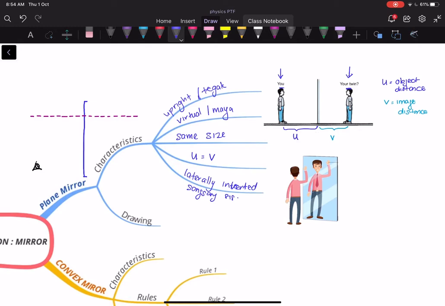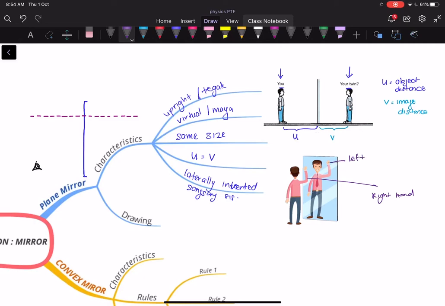If you have a mirror in front of you, just look at the mirror. So let's say you are carrying your right hand here. Let me label this. This guy here is carrying the right hand. But how does it look in the image here, class? What would happen in the image? Even though you're carrying the right hand, what forms in the image? It looks as though you are carrying the left hand.